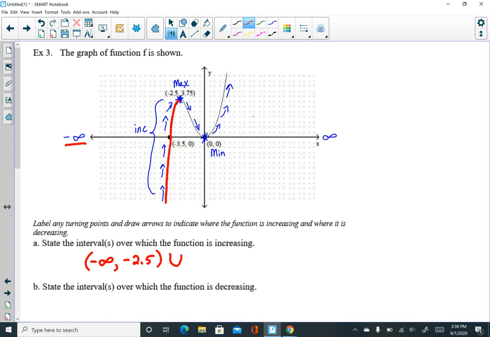Unite that with another portion of your graph that also has upward arrows, so it's also increasing. The x value associated here would be 0, and then it's going up and to the right forever, positive infinity. Those would be our intervals here. We've got more than one where you're increasing in this particular graph.